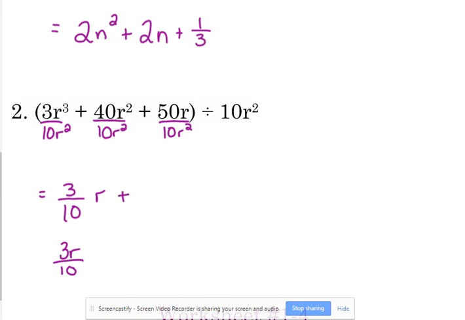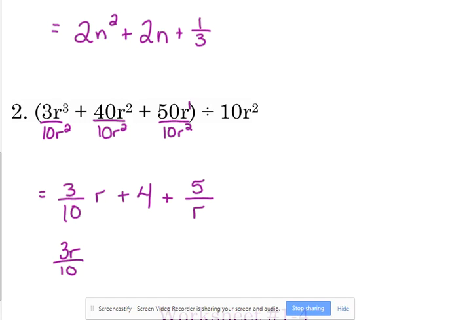Okay, moving on, 40 divided by 10 is 4. R squared over r squared is 1, plus 50 over 10 is 5. R over r squared, what do we do with that? We move it down, we move it in the bottom. So you can look at it as 1 minus 2 is -1, and negative exponents, we move them to the denominator.